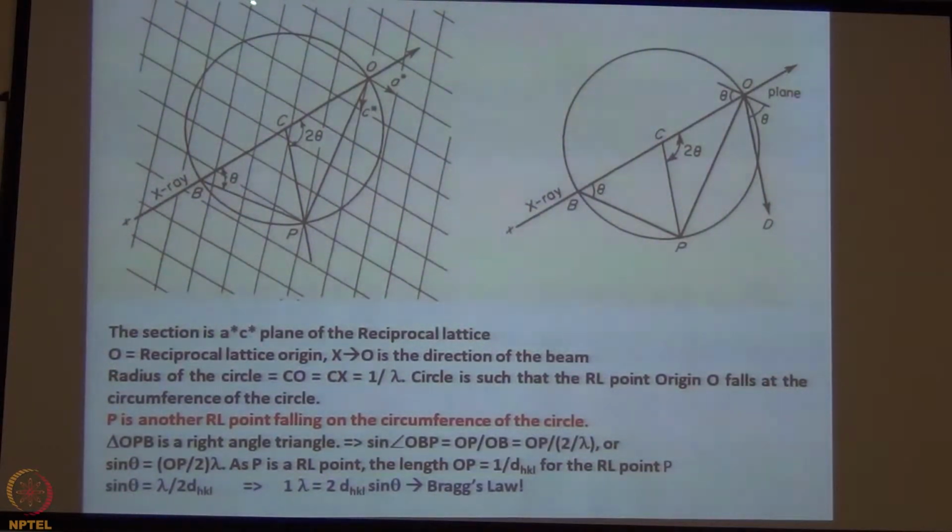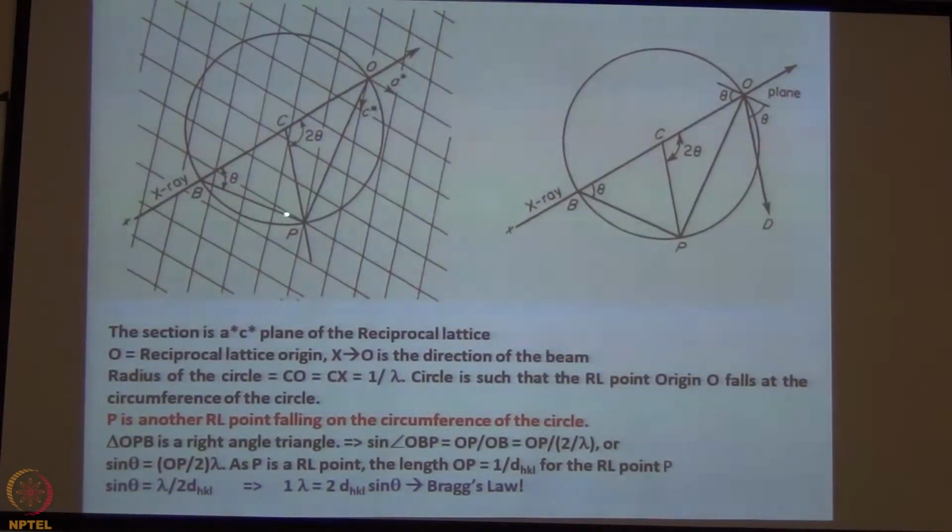You see, there is a plane like that, this direction is giving you a particular plane. And from this point to that point, this is the distance between two sets of parallel planes. So what is that distance in reciprocal space? 1 by d_hkl.